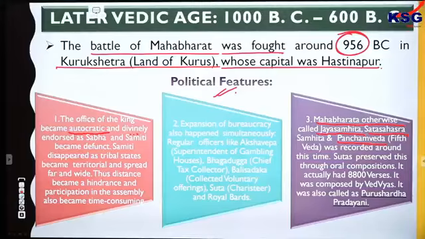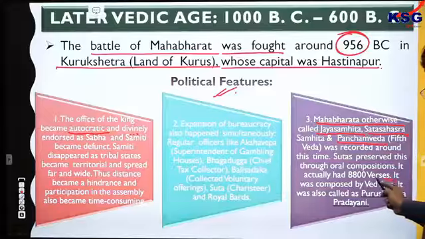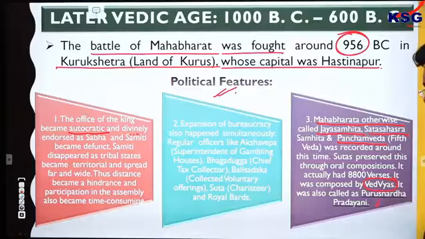Initially there were only 10,000 verses, then later it became 1 lakh verses, but finally it was composed by Ved Vyas. I will give you this PPT, then you read at home.